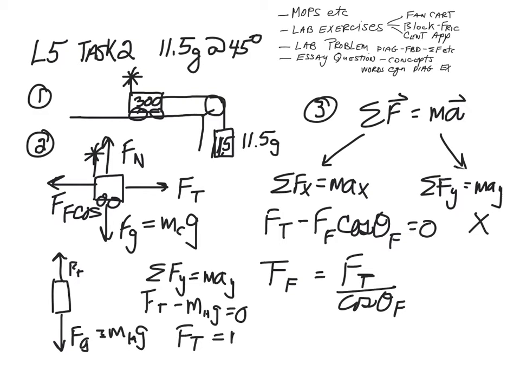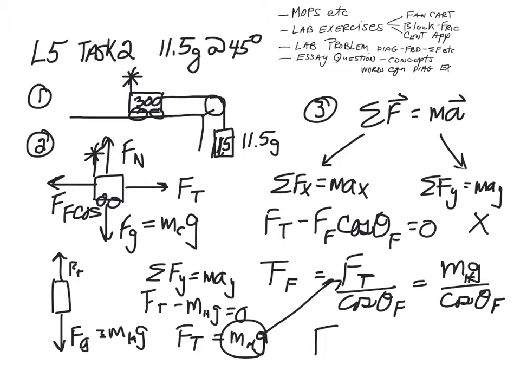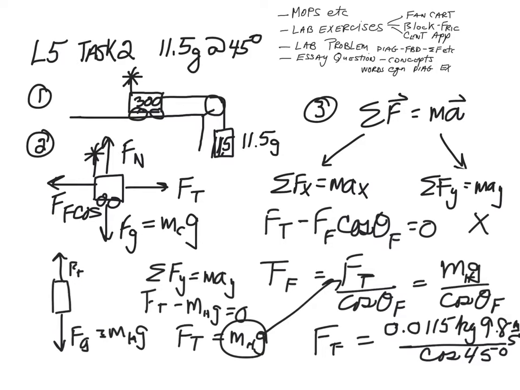We get Ft equals m of the hanging mass times g, and now we can substitute that in there, and we get our final solution. Got to label that hanging mass, not the mass of the cart, right? And that's divided by the cosine of the fan angle. And now the final step is to do the calculation. So I'm crowding everything in.